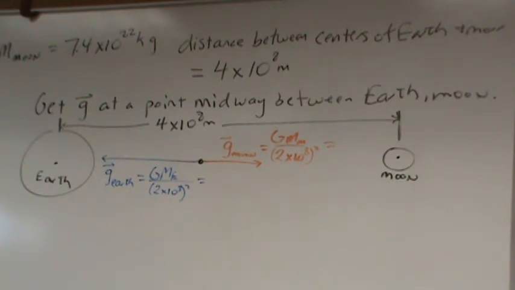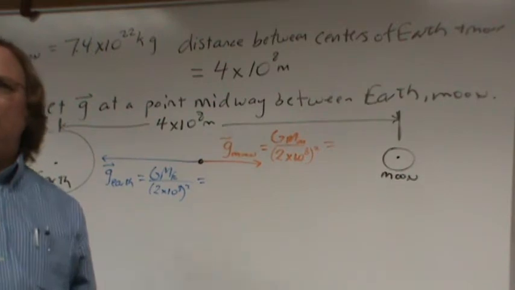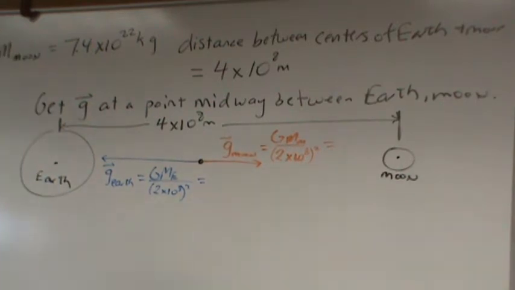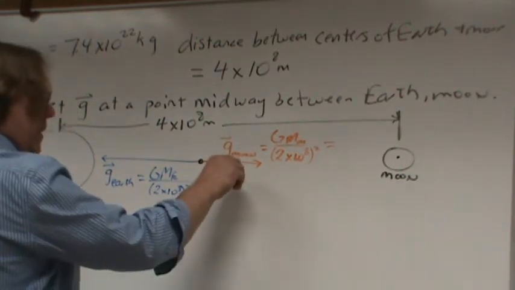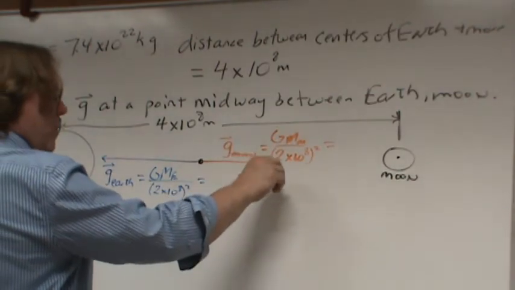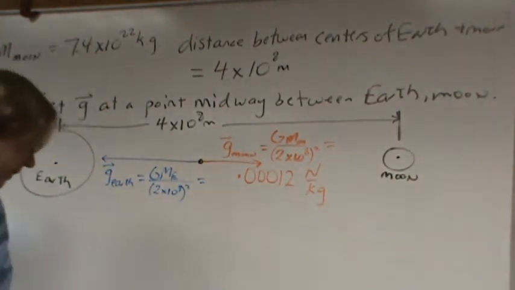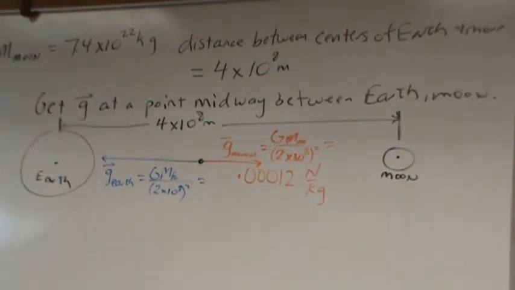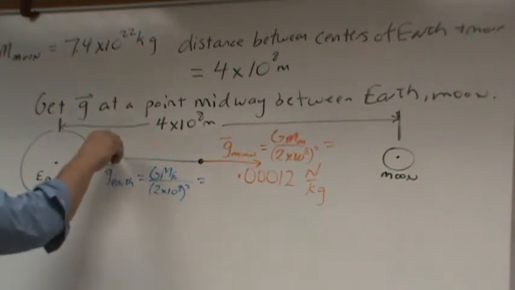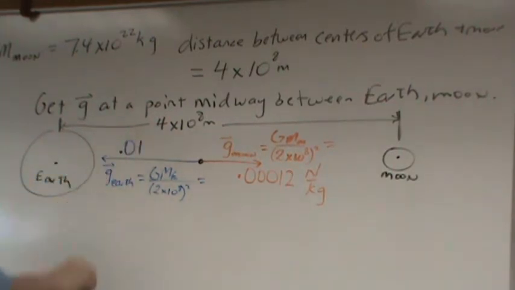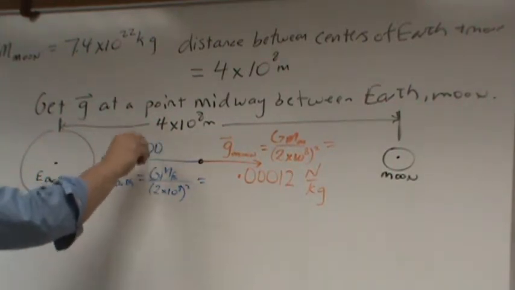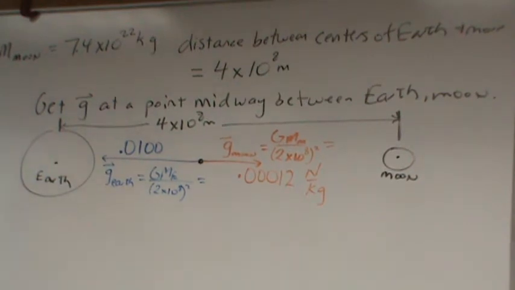Good, 1.23 times 10 to the negative fourth, or 0.00012 newtons per kilogram. And what'd you guys get for the gravitational field due to the Earth? 0.01, approximately. My calculator has 0.0100. I don't know what you guys have.